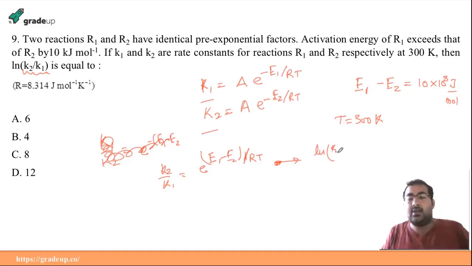Okay, so if you take ln here, ln K2 by K1, the e will go and you'll get 10 into 10 to the power 3 joule per mole, and R is 8.314 joule per mole per Kelvin, into your T, which is 300.